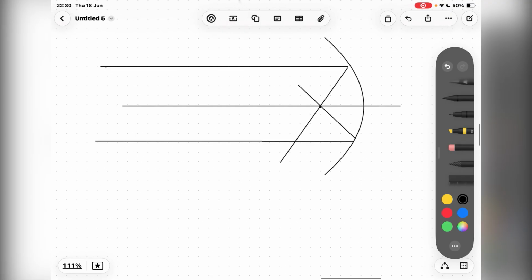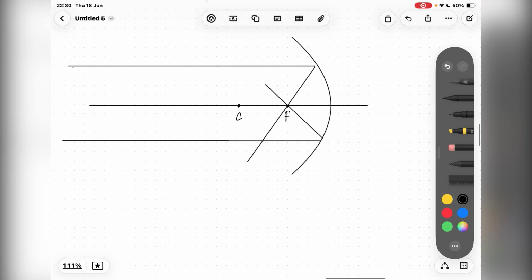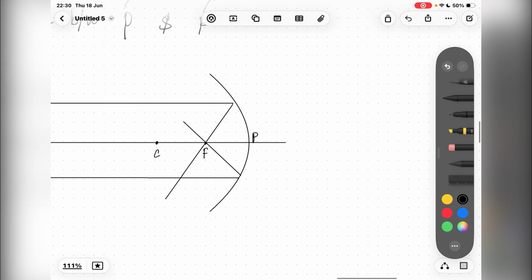So we know that this is our focus point and this is our center of curvature and this is pole.